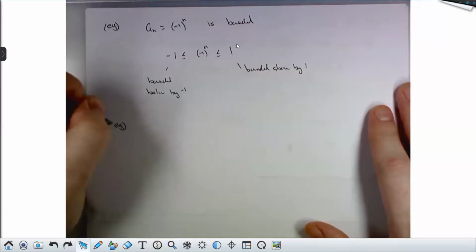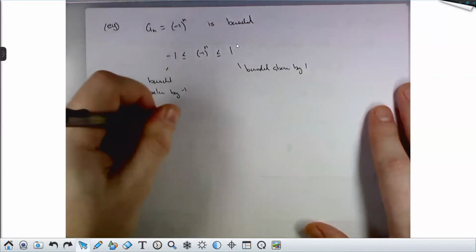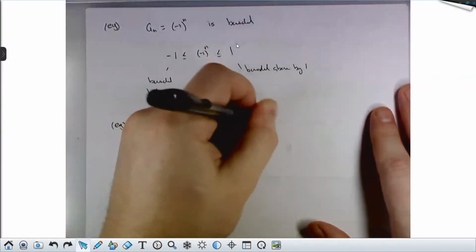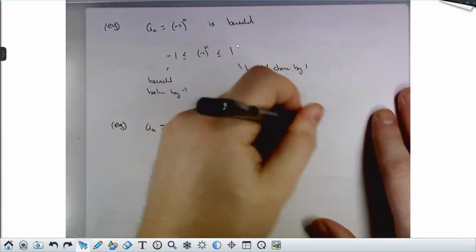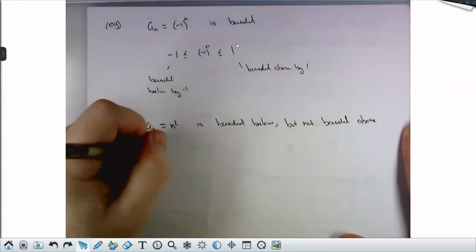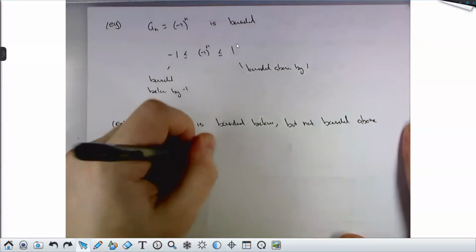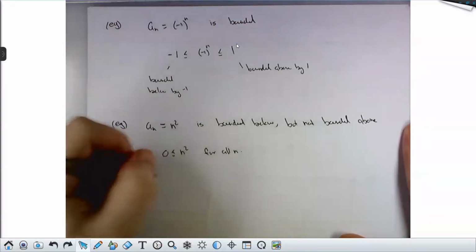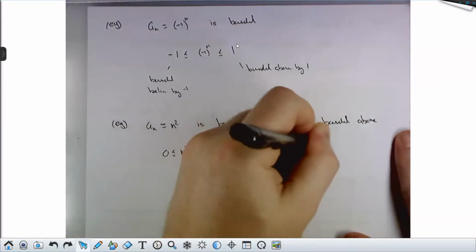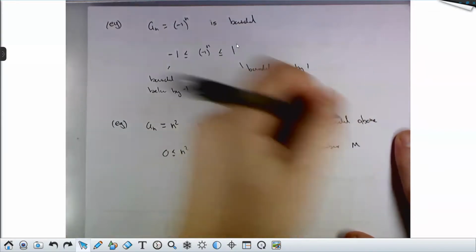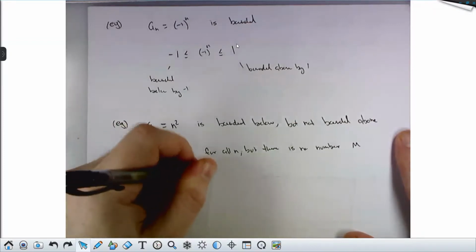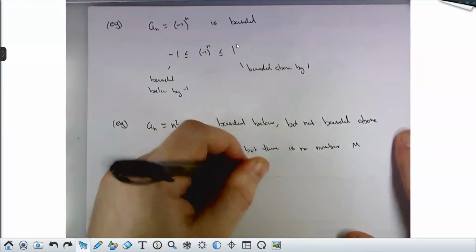The sequence a_n equals n squared is bounded below, but not bounded above. We know that 0 is less than or equal to n squared for all n, but there is no number m such that n squared is less than or equal to m for all n.